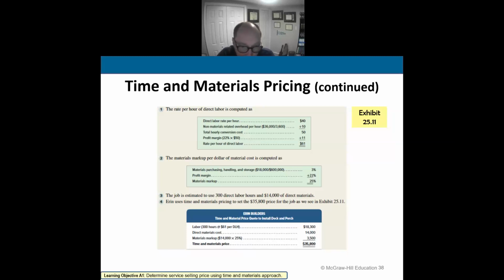Then you have your materials cost, plus percent profit margin, giving you your total materials markup. Then you have the estimate of hours and materials for the job. And then you can create your quote. So you could apply this to your personal life too.